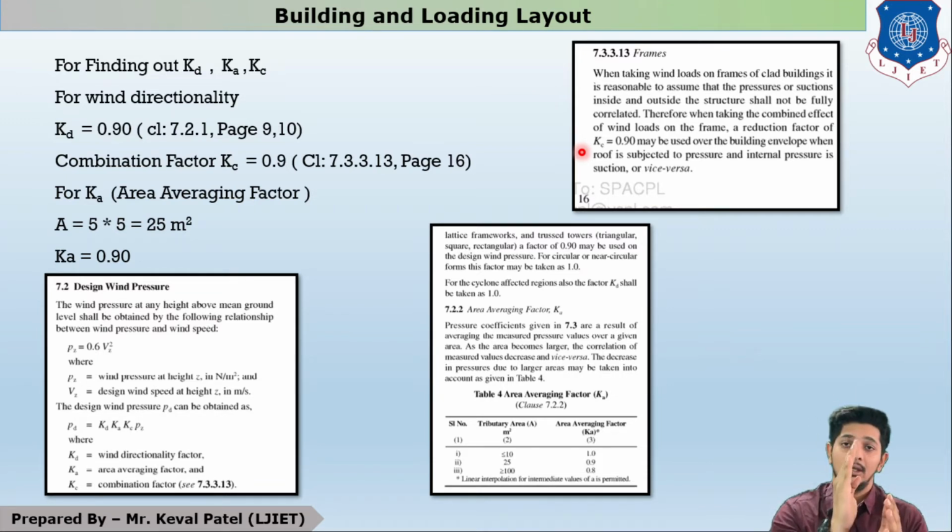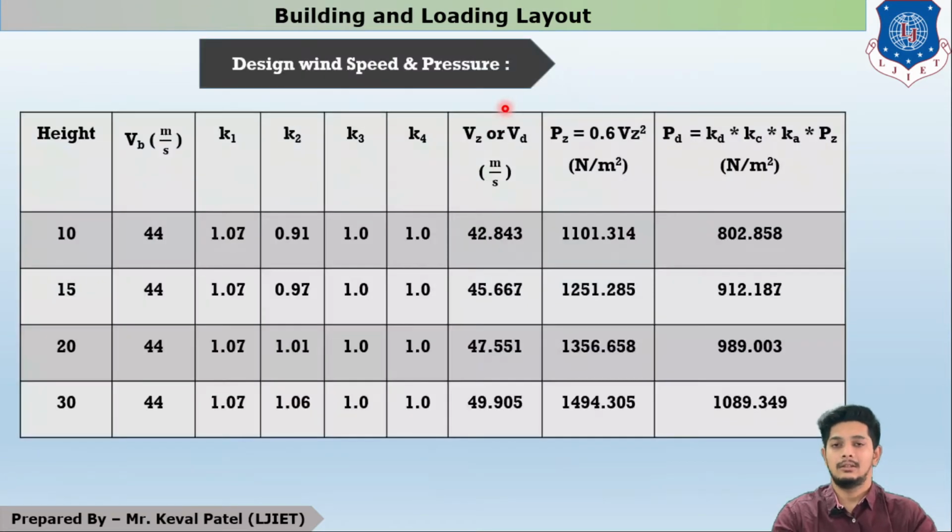But if it is in a combination, if the wind goes upwards from the windows as well as it acts in the opposite direction from the roof also, then Kc should be taken as 1. But in our case, whenever nothing like this is given in the question, we have to take Kc as 0.90 only. So after getting Kd, Ka and Kc, we can move further to our next thing, that is a table.